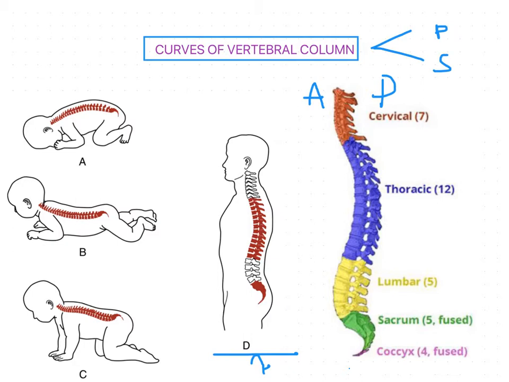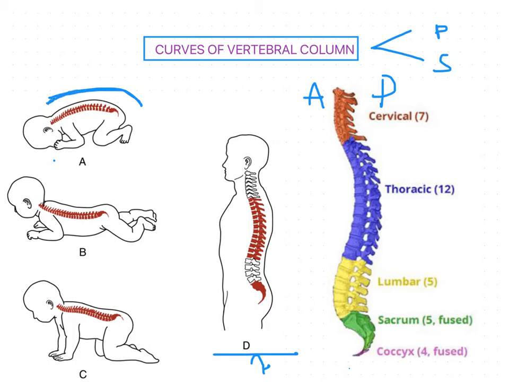One is primary curves and the other is secondary curves. The primary curve is present from the birth of the baby throughout life. This primary curve is a long curve which is convex posteriorly, which we can see at birth.